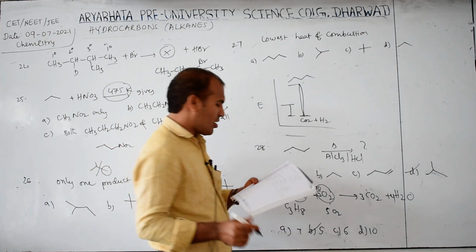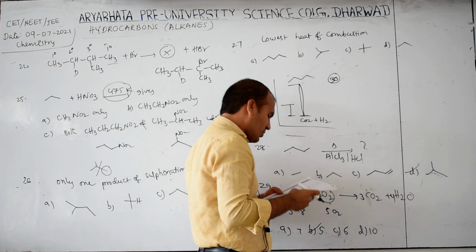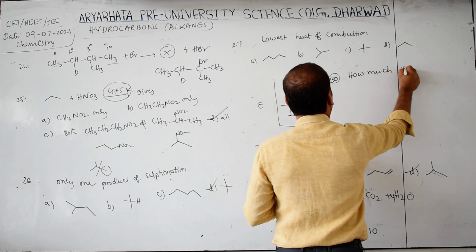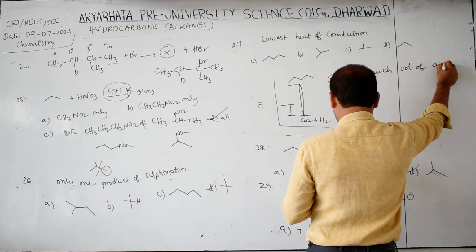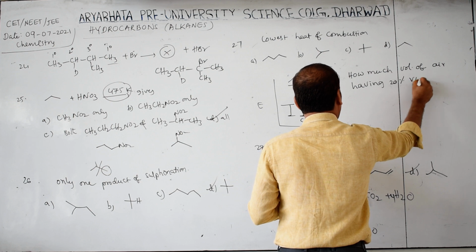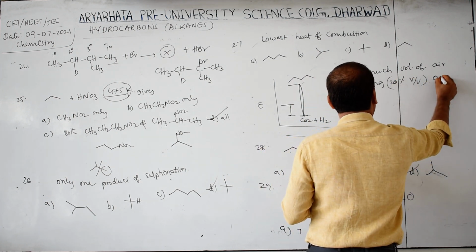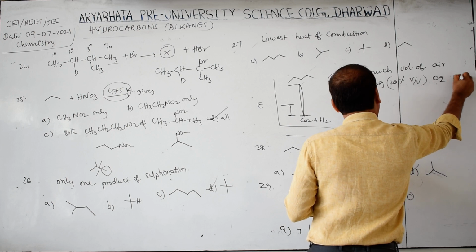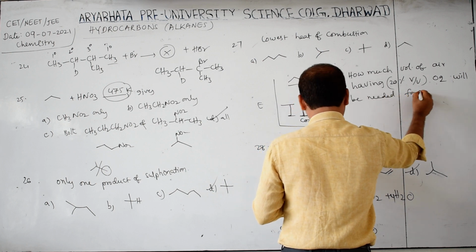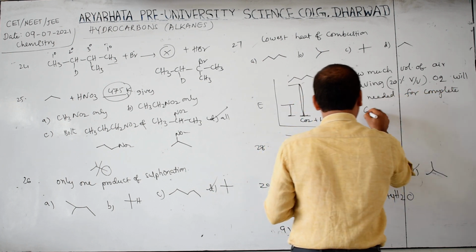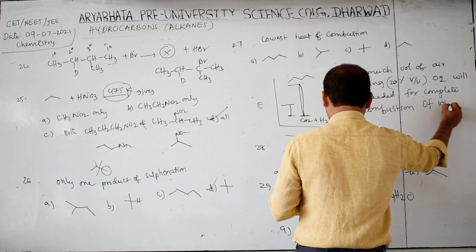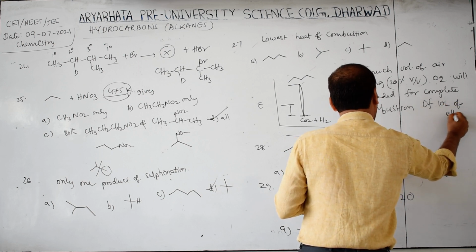Now the very important last one, number 30. This is very important. How much volume of air having 20% V by V oxygen will be needed for complete combustion of 10 liters of ethane?